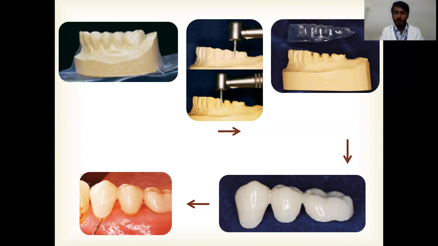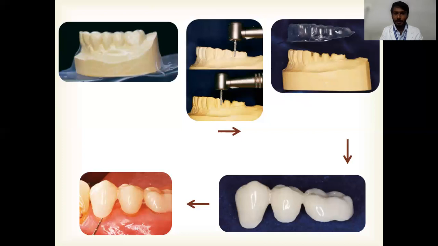Then once we take that provisional restoration made from the template, we will try it in the patient's mouth after tooth preparation. So here there is no extra impression that is being taken for the patient for fabrication of a provisional restoration. So directly in the patient, in the first step, it is indirect.